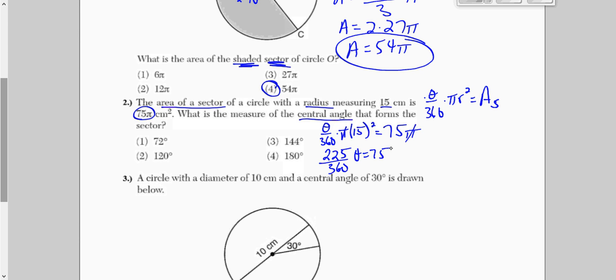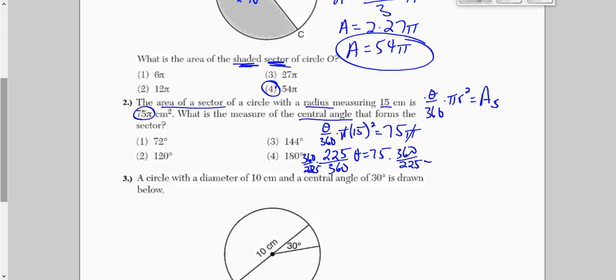All right. So how do I undo multiplying theta by 225 over 360? Multiply both sides by the reciprocal, 360 over 225. Same on this side, times 360 over 225, okay?